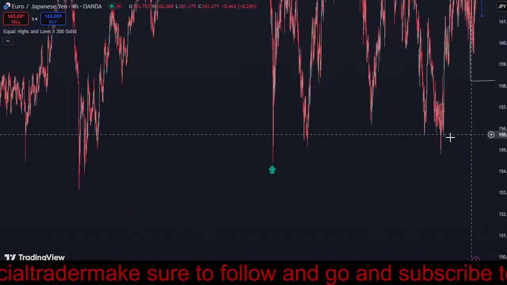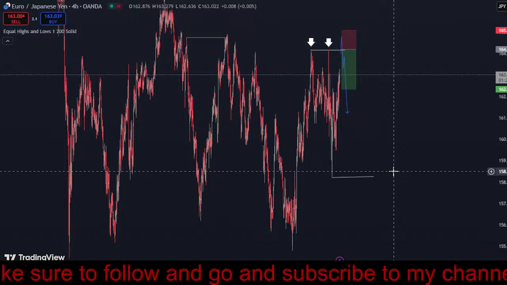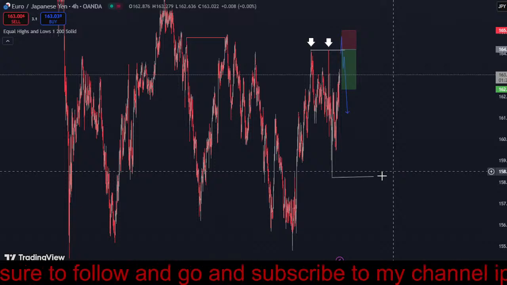I'm not a full-time Euro JPY trader, so it's hard to spot TPs, because I don't follow the price as much as I do gold, GBPUSD and others. But you'd focus on this first one, and if price breaks below it, you can take it exactly to the last, which is this one.